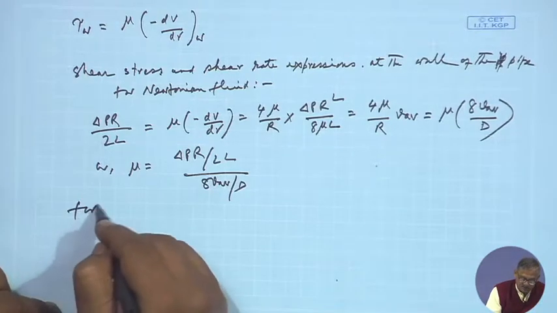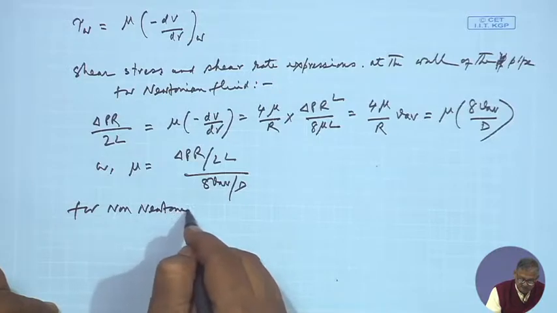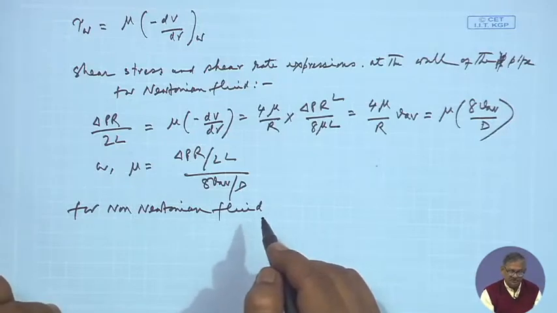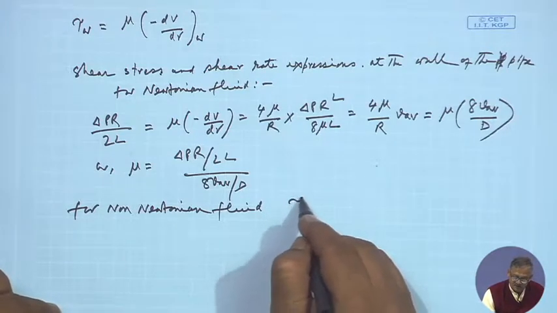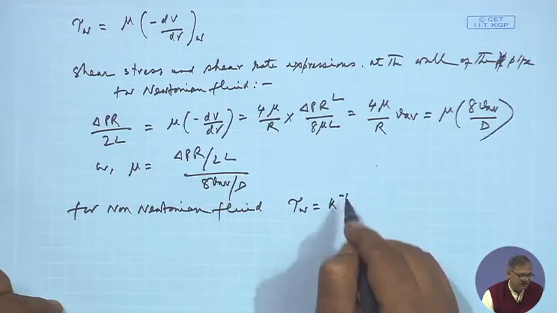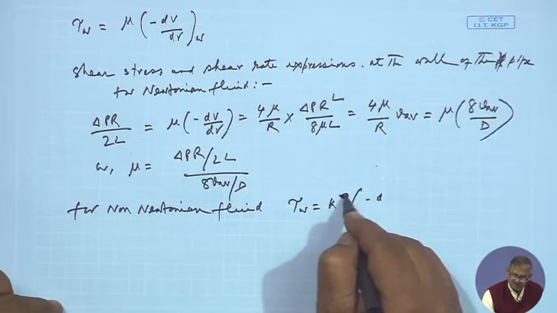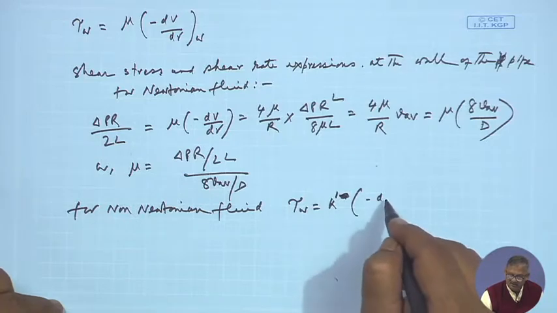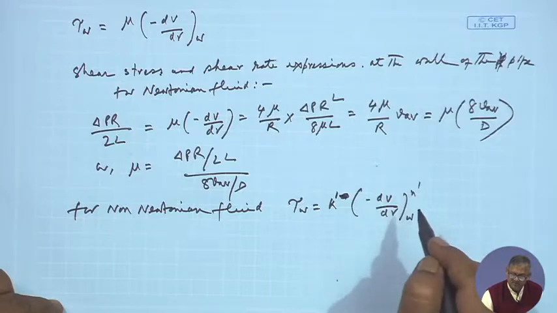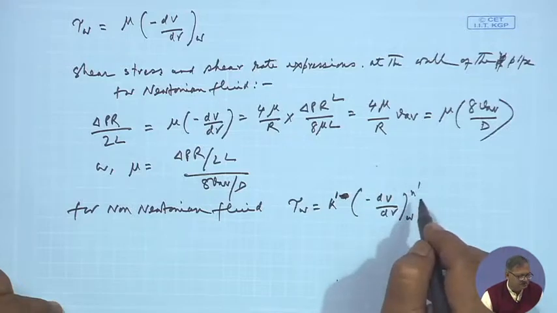But for non-Newtonian fluid, we know that tau W, shear stress at the wall, was K into minus dV dr at the wall to the power n prime, or K prime minus dV dr at the wall to the power n prime.